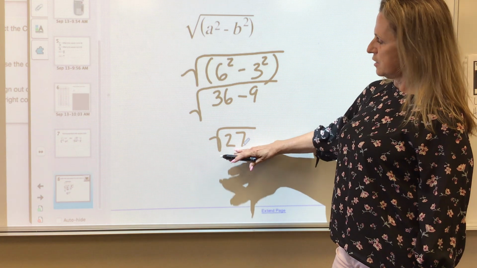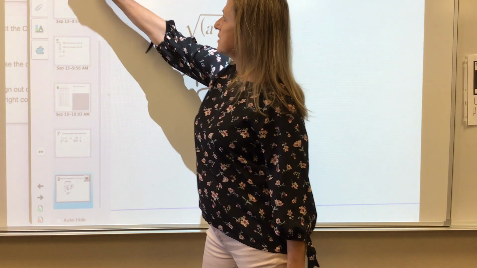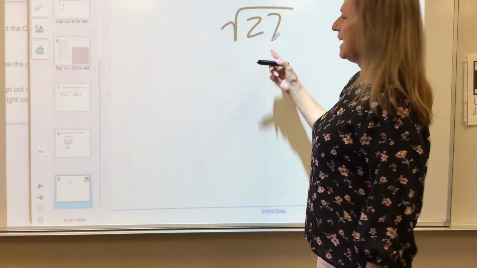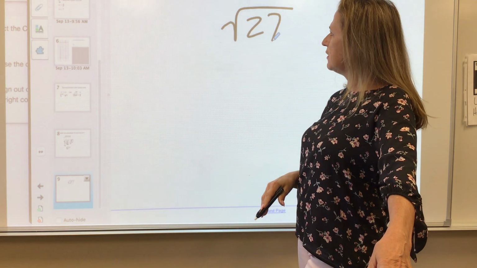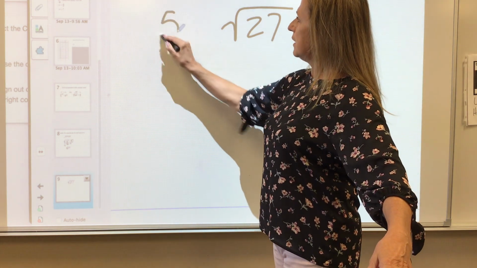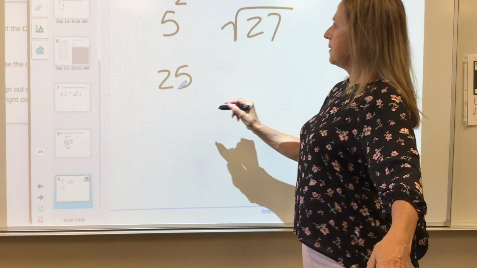But I do want to estimate these. So let's look at that in a different slide. So I have the square root of 27, and I can't think of any number that, when I multiply it by itself, gives me 27. But I know that if I took 5 and squared it, I would get 25, and that's pretty close.